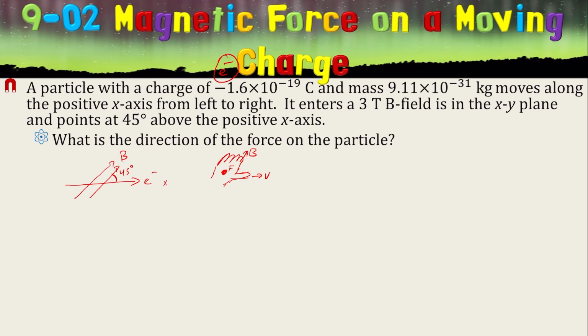Well, this is X and this is Y. Straight up out of the paper is Z. So we could say it's the positive Z direction.